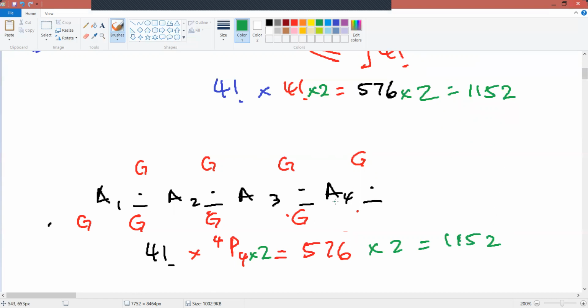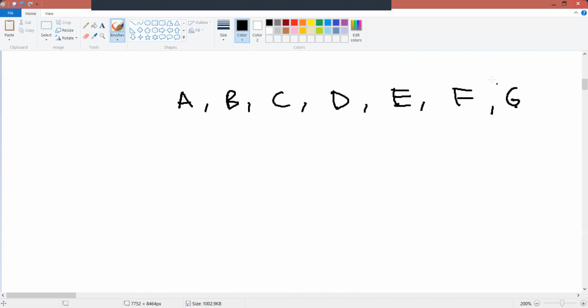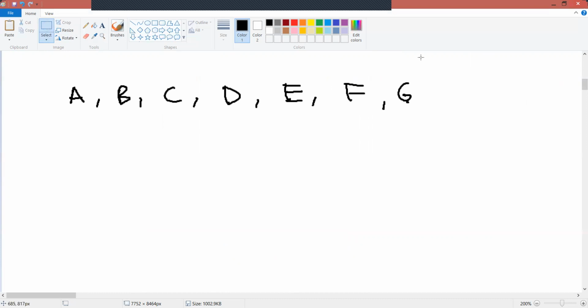I know that there are certain other methods. For example, let's say we have A, B, C, D, E, and F, or maybe G. If you talk about A, B, C to be separated, then definitely we cannot use the formula like I used to teach you.